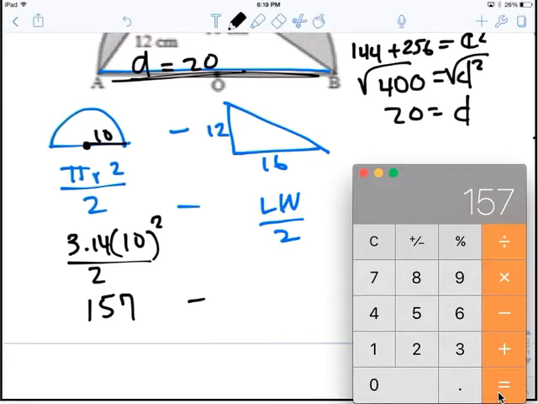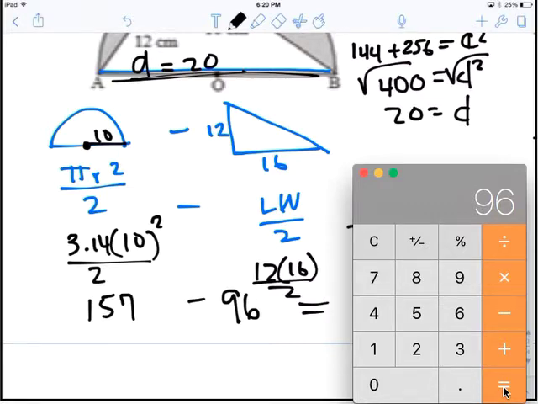Then you subtract length times width, 12 times 16, divided by 2. I like to see this work. That goes to 96, minus 96.